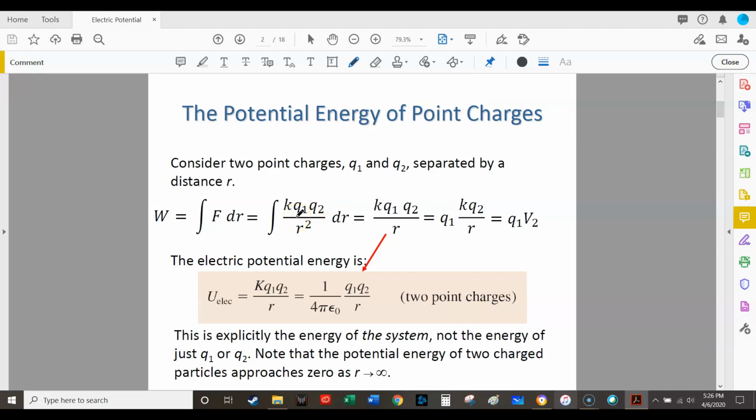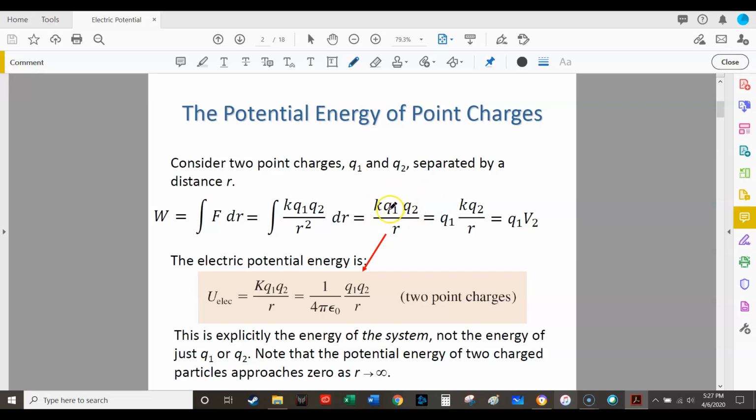So when we integrate the Coulomb force with respect to r, what we find is we get kQ1Q2 over r. Now, we're going to call Q1 the one charge that we're analyzing the energy on, and we're going to say Q2 is creating a potential energy that is going to be working on Q1.